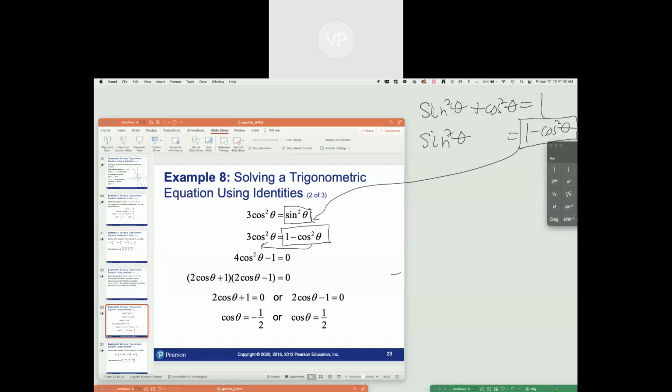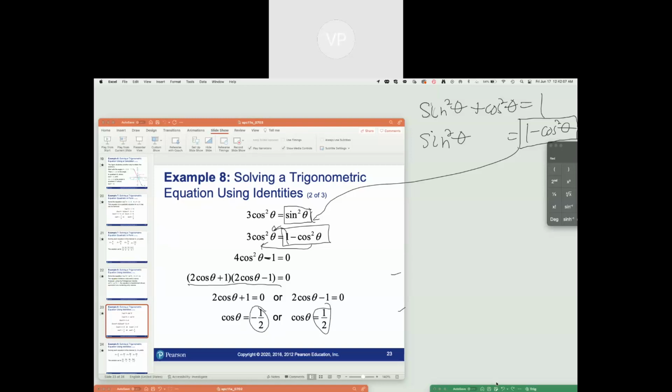So now they solve it, move the cosine over, move the 1 over, and you get 4 cosine square minus 1. Factor it. 2 cosine theta plus 1, 2 cosine theta minus 1. I'm sorry, one's a minus. It's just like the last time we had that difference of 2 squares. This time, though, the difference is they're cosines. And look at your table.